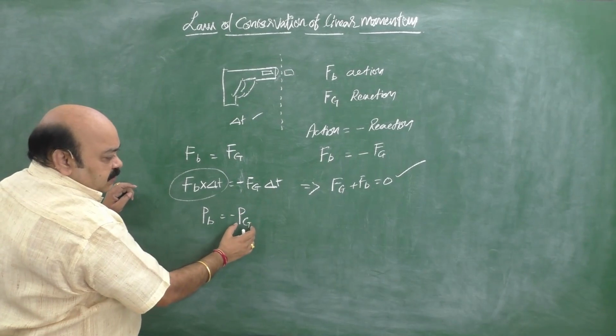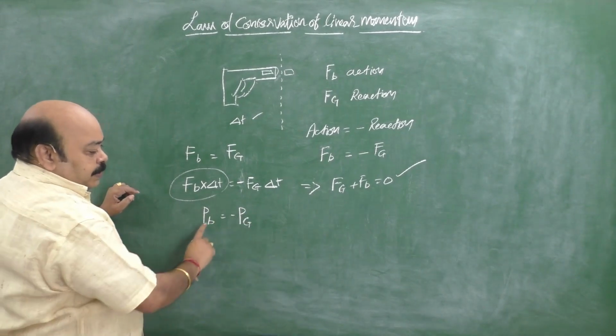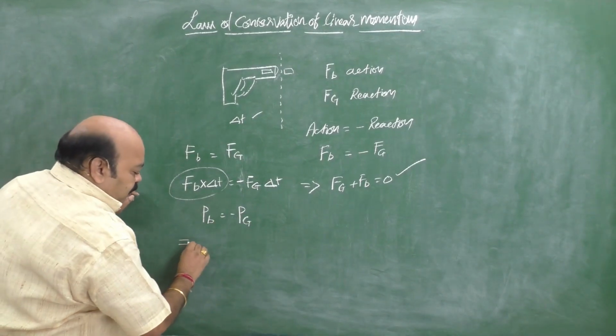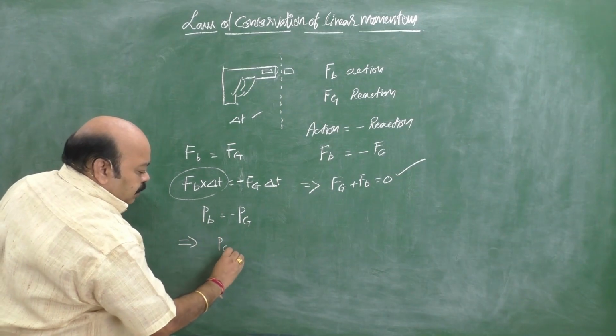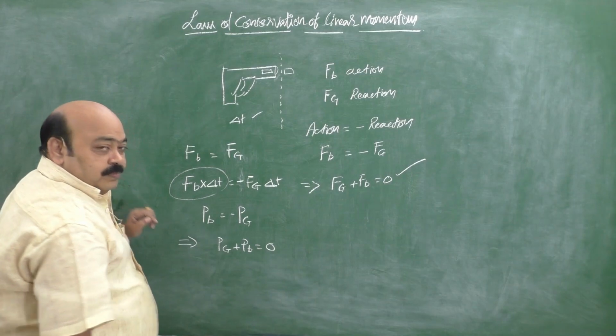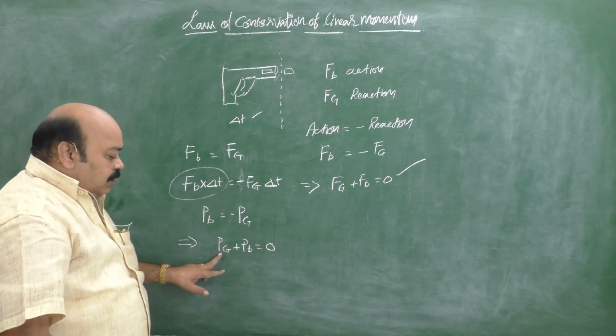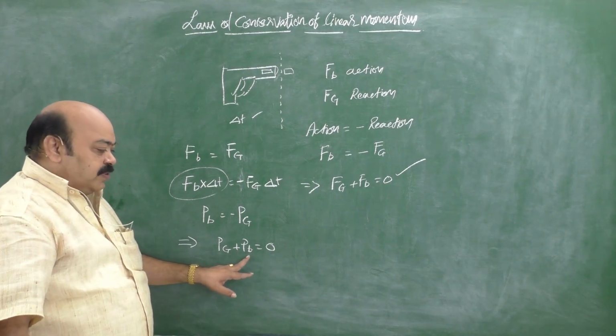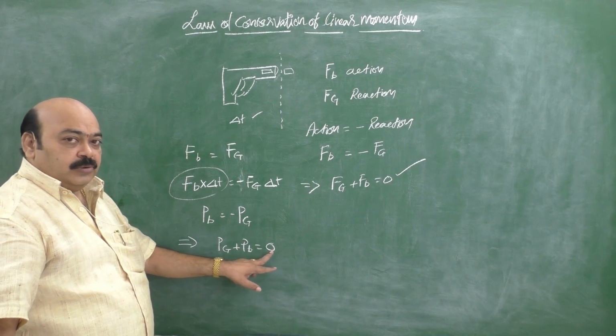That's how we can write this as Pb equals minus Pg, which implies Pg plus Pb is equal to 0. Momentum of the gun plus momentum of the bullet is equal to 0.